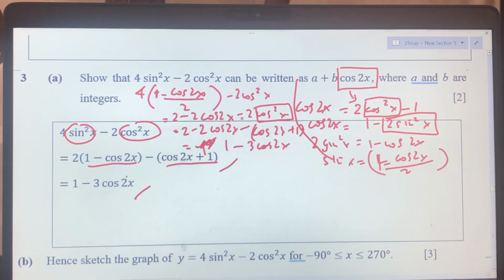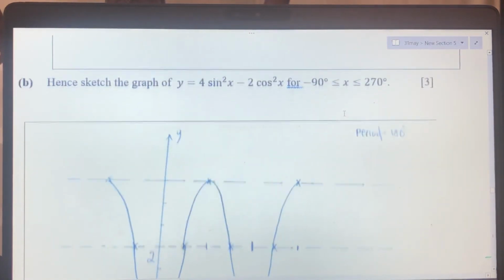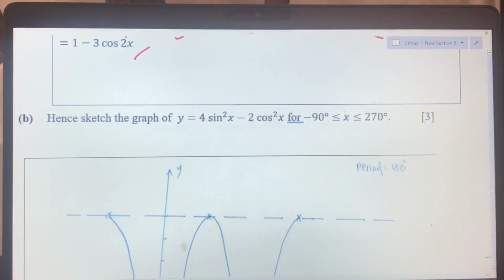So that's what you have. Actually you can do it in one shot instead of so many lines. So that's the answer for the previous part.